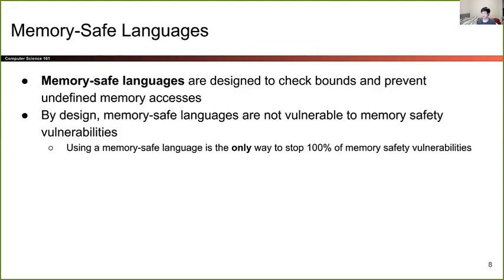This is the only way to actually stop 100% of memory safety vulnerabilities, because even if you have programmed in C since you were 2 years old, you will still eventually make a mistake that allows a vulnerability to slip in. So the only way to actually stop 100% of vulnerabilities is to use a language that stops them from happening in the first place.